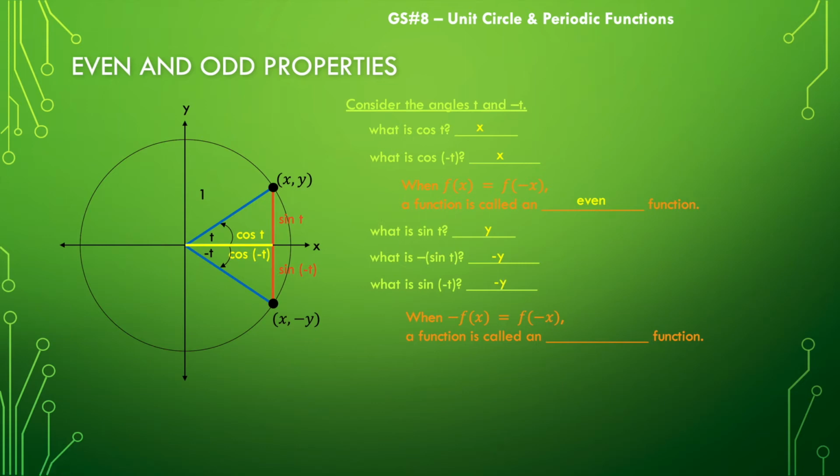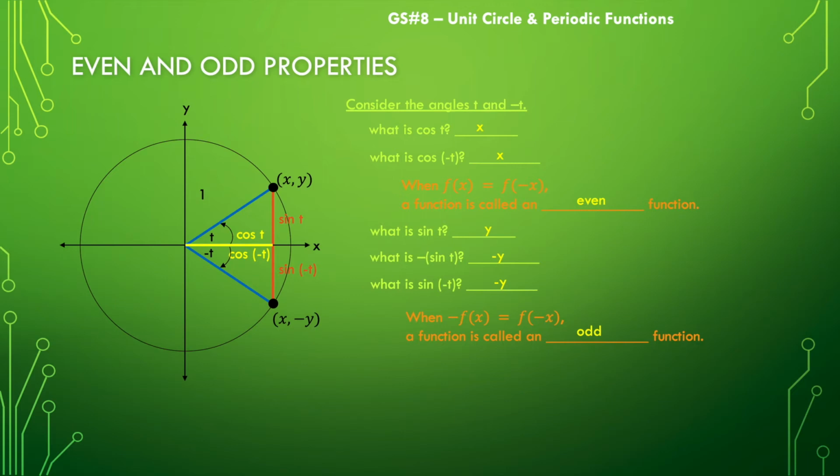Okay, and so you may know this relationship as well. When f of negative x is equal to negative f of x, we call that type of function an odd function.